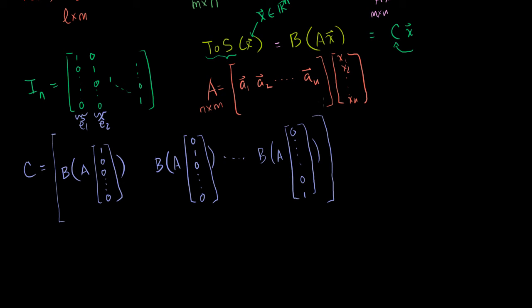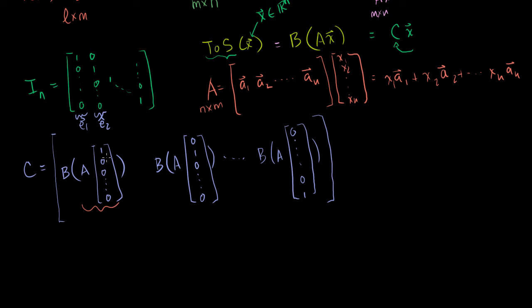This is equivalent to x1 times a1 plus x2 times a2 all the way to plus xn times an. It's a linear combination of these column vectors where the weighting factors are the terms in our vector that we're taking the product of.